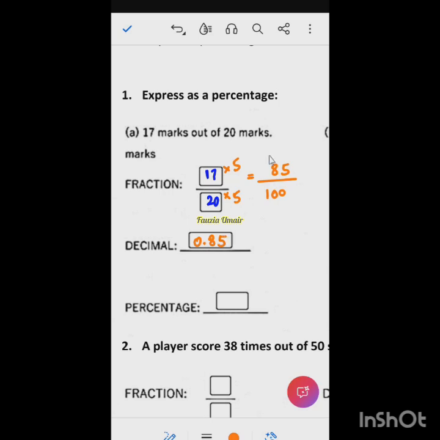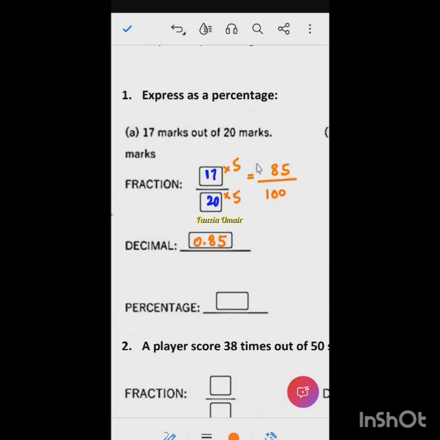Are you getting this point or not? Yes, ma'am. If there is a number in the denominator which can be turned into 100, 10 or 1000, I will multiply it. If there is a number which cannot, for example, here if instead of 20 there is 19, I cannot convert 19 into 100, so then I will divide, right?